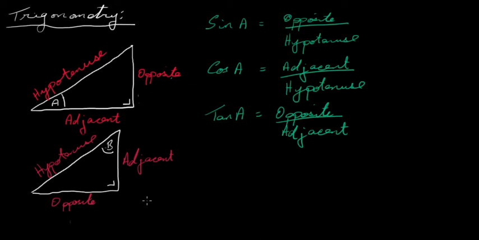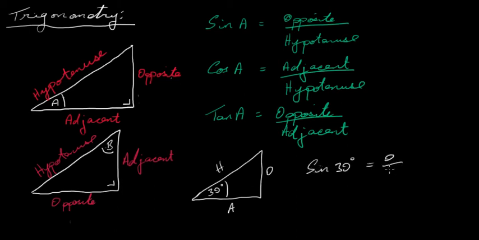Now if we have a particular angle, say for example we take a triangle here, and let's say this angle is 30 degrees. This is the opposite, this is the adjacent, this is our hypotenuse. The sine of our 30 degrees is opposite over hypotenuse, as up here, but you can actually work out what the sine of 30 degrees is by just using your calculator.